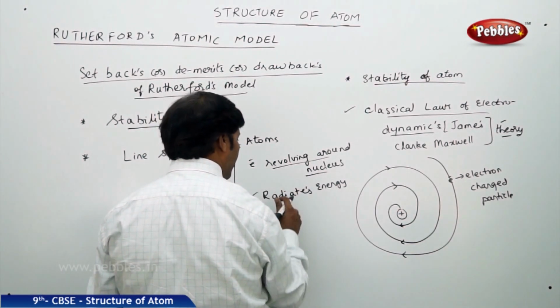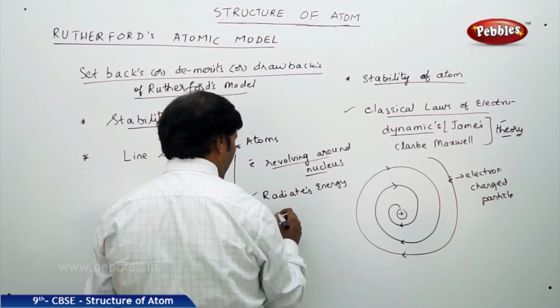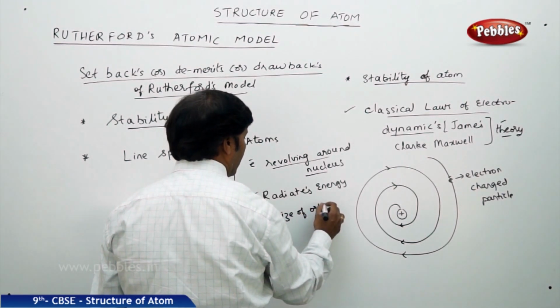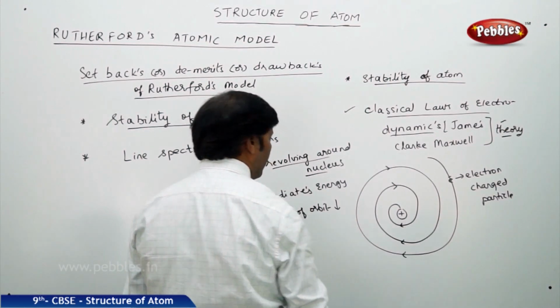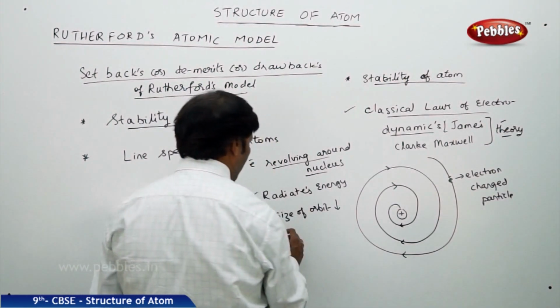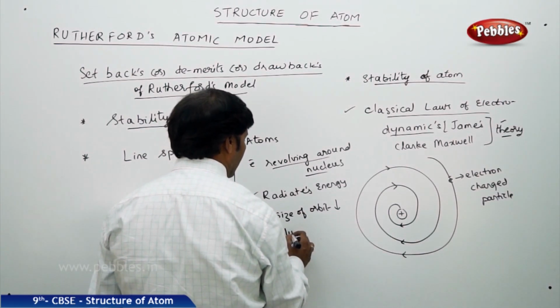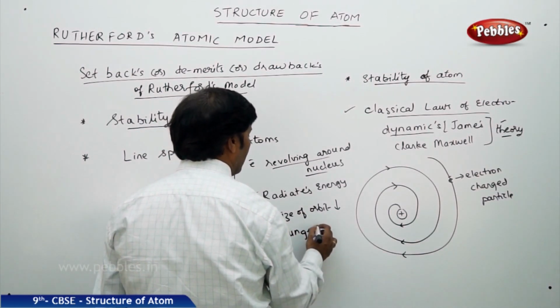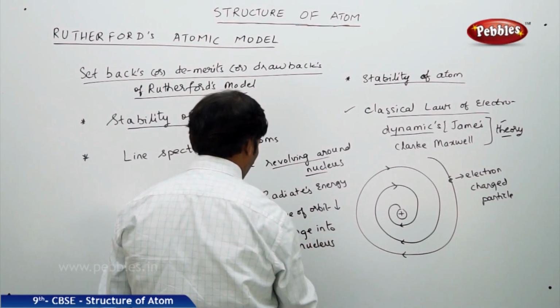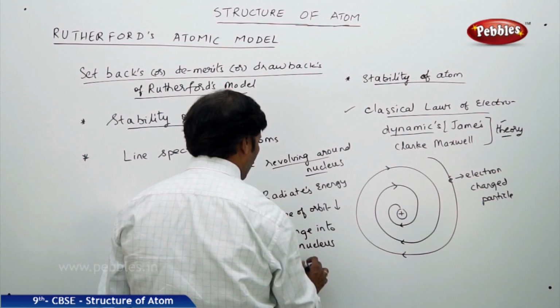When it is radiating energy, it has to lose energy. The size of the orbit of the atom decreases, and the electron has to plunge into the nucleus, and finally the atom has to collapse.